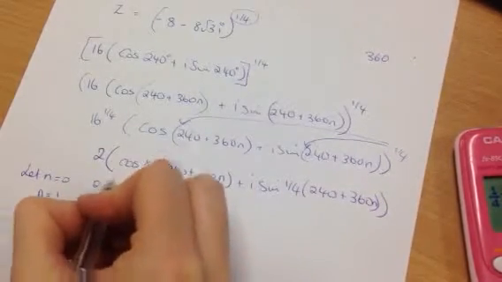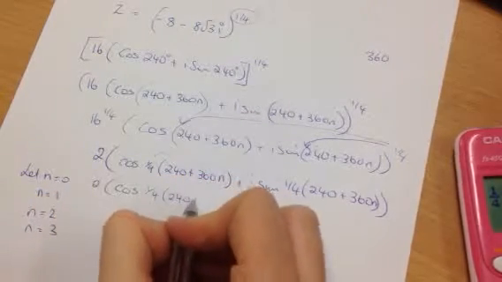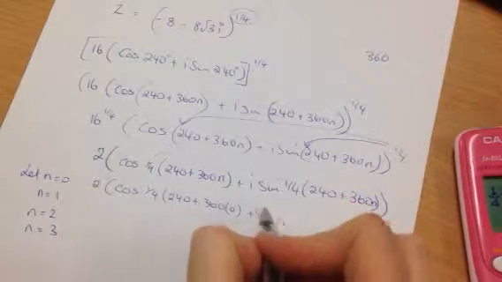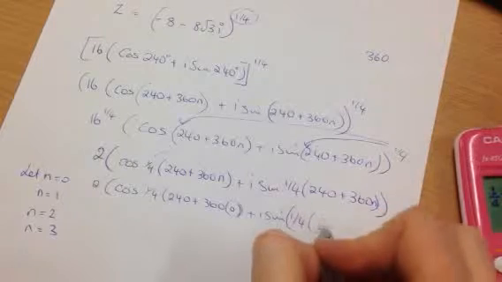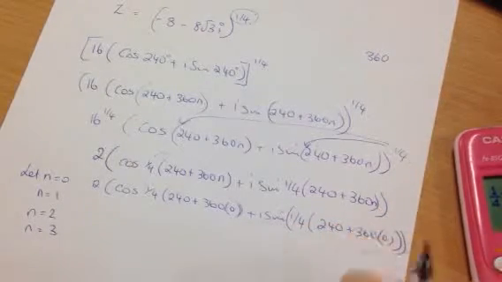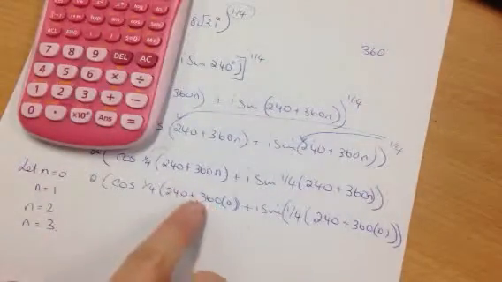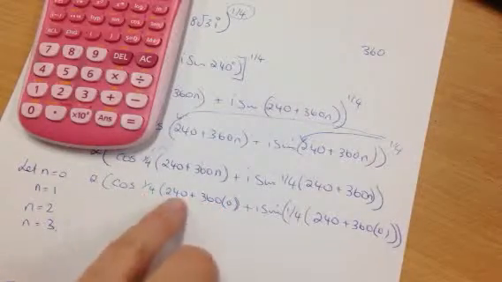So if I choose n is 0, I can just throw that into the calculator. 240 plus 360 times 0 is just 240. A quarter of 240 is 60.